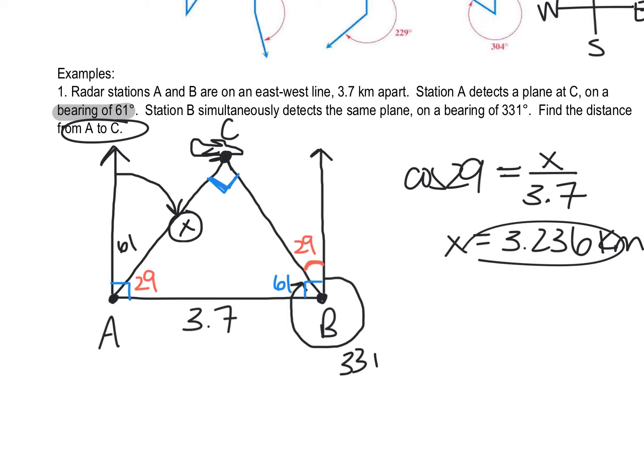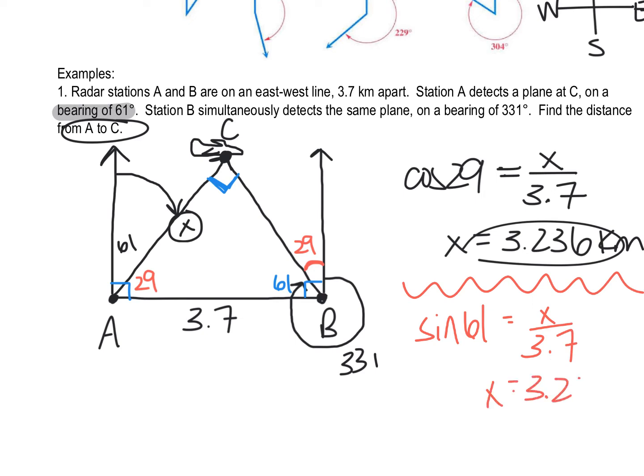Just as an FYI, you also could have used this angle and done the sine function. So you could have done sine of 61 equals x over 3.7. I will write that. You don't have to, but maybe you were wondering why I used cosine. You still get the same exact answer. And the reason for that is, do you know?